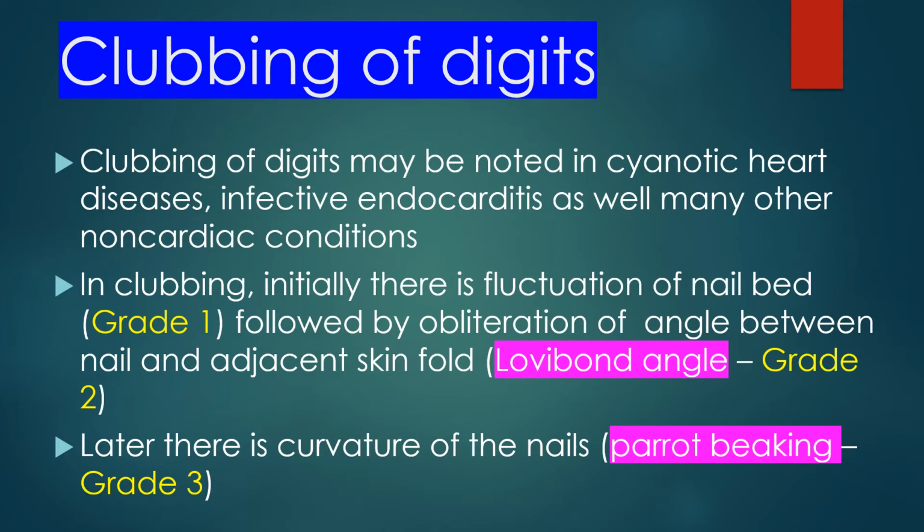In clubbing, initially there is increased fluctuation of the nail bed, that is grade 1, followed by obliteration of the angle between the nail and the adjacent skin fold, or the Lovibond angle, that is grade 2. Later there is increase in the curvature of the nails, known as parrot beaking, that is grade 3.